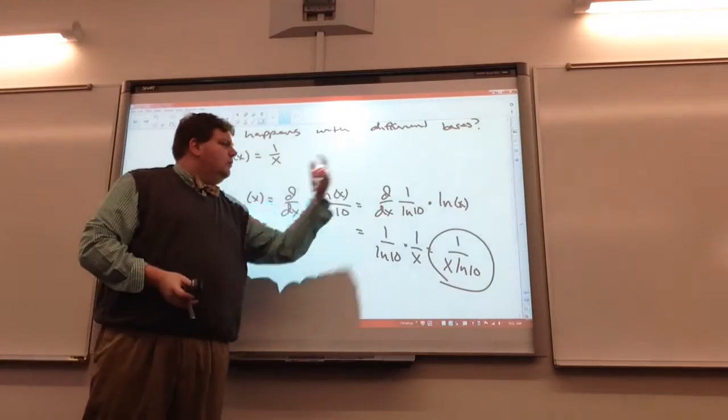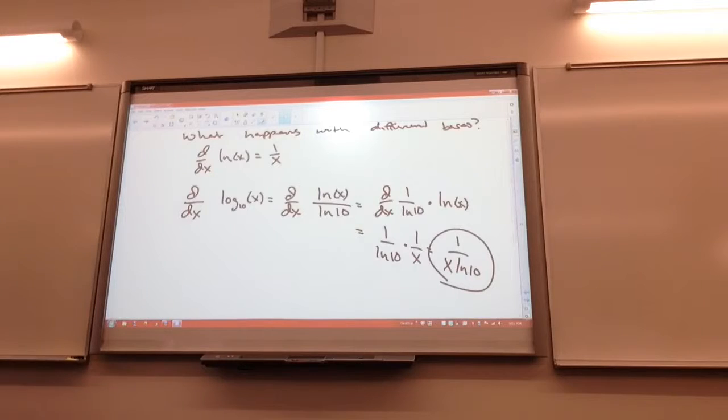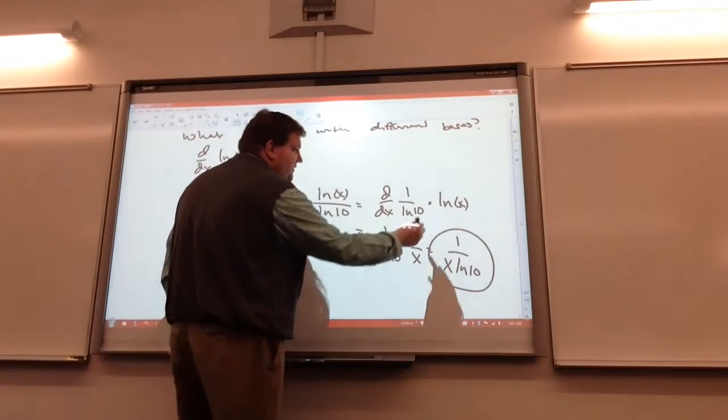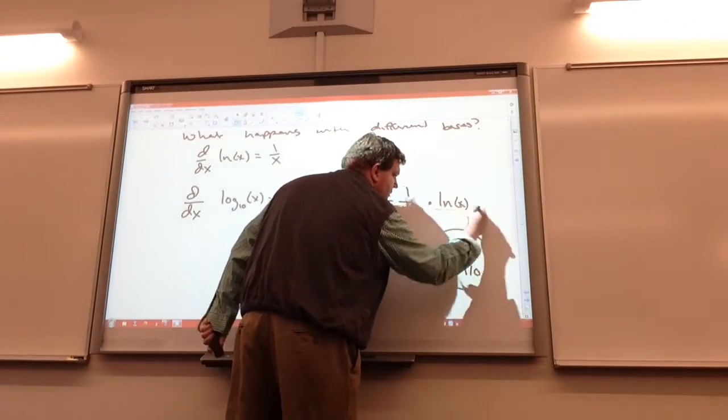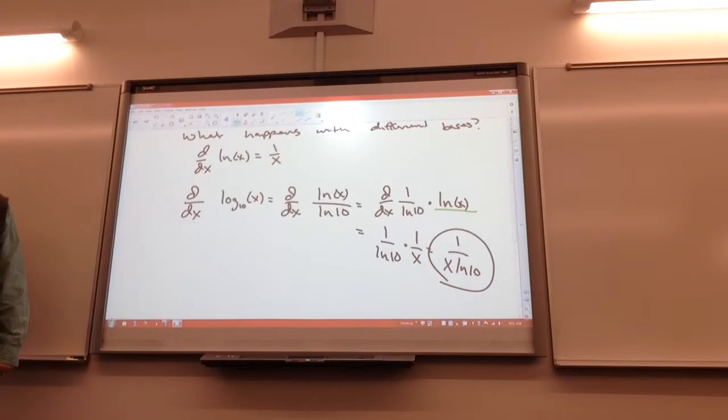Just to make it a little easier for you all to see that that was a constant. Also, by pulling out that 1 over the natural log of 10, I can clearly see that all I'm left with is the natural log of x, the only function part of this. And the derivative of the natural log of x is 1 over x. We had just determined that earlier.